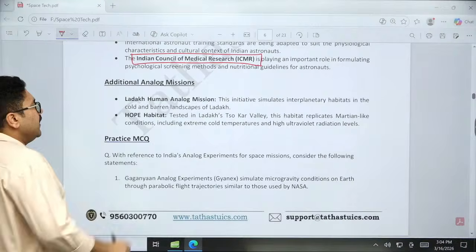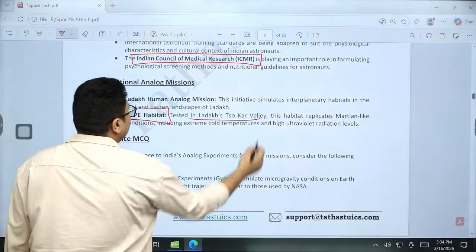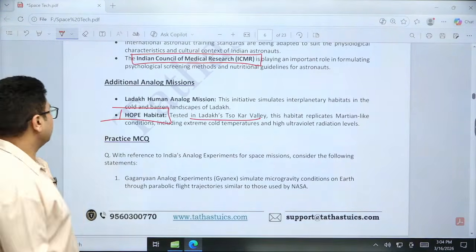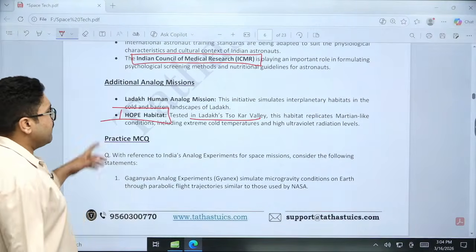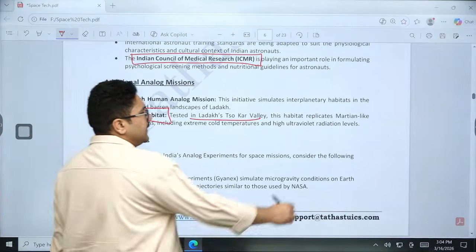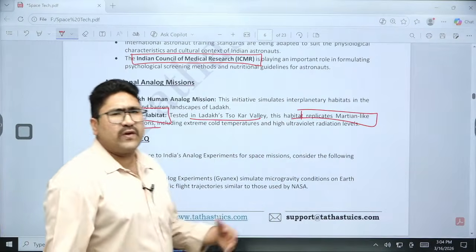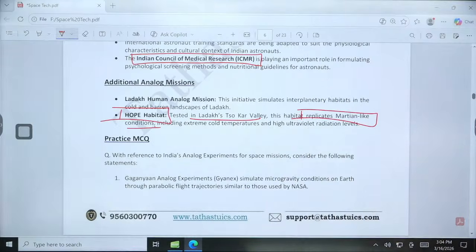So, in India, there is Hope Habitat, which is in Ladakh itself. Hope Habitat has been used to replicate Martian-like conditions. The surface of Mars has been replicated in the Hope experiment in Ladakh.